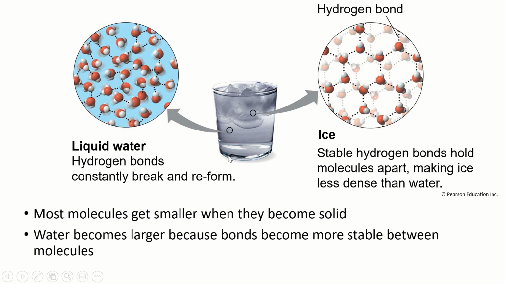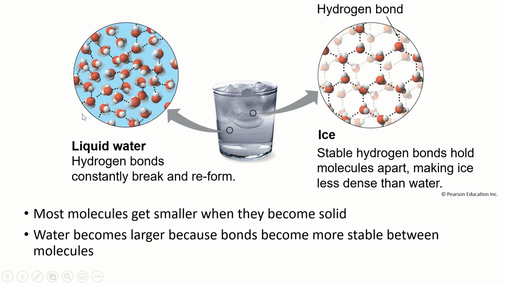Now, the other cool thing about water is that when water is liquid, it can actually make more hydrogen bonds than it can when it's solid. Now, think of it this way. In liquid, the water molecules are all moving around, okay? And all atoms are always moving around.